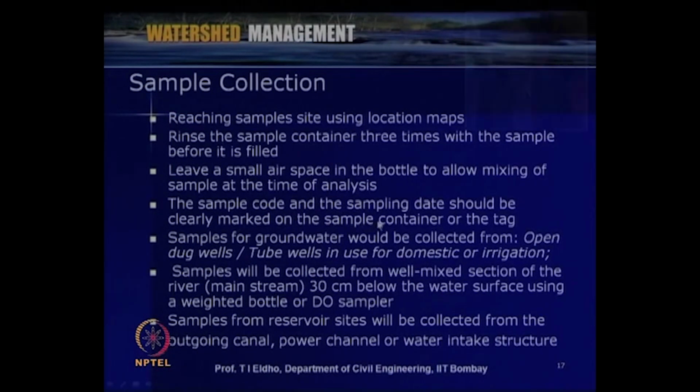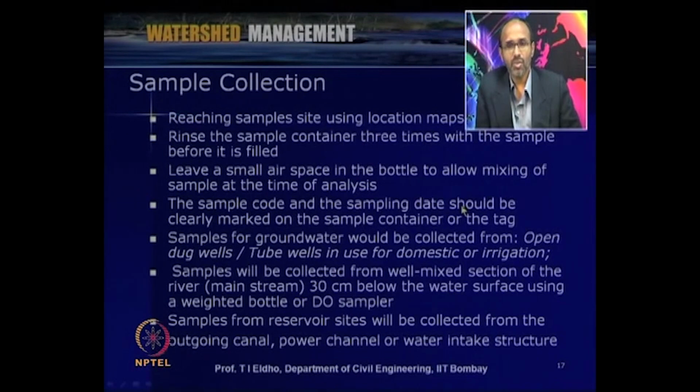Then the sample code and sampling date should be clearly marked on the sample container or the tag, so that we identify the site location through specified codes and date.